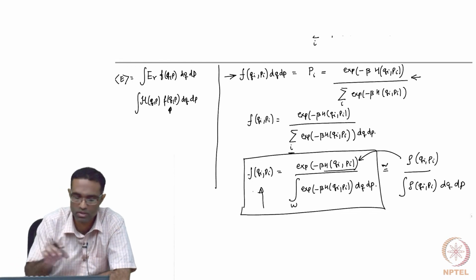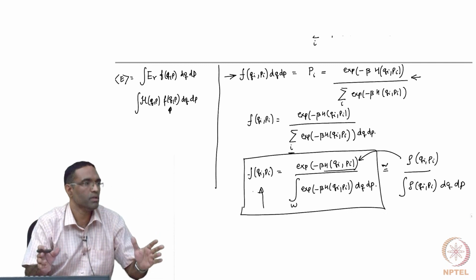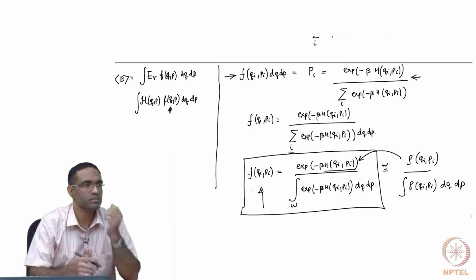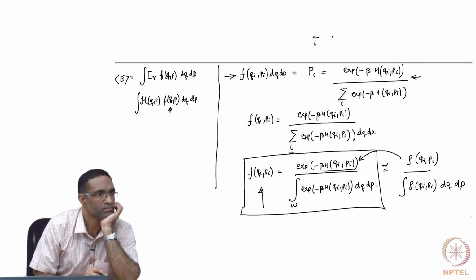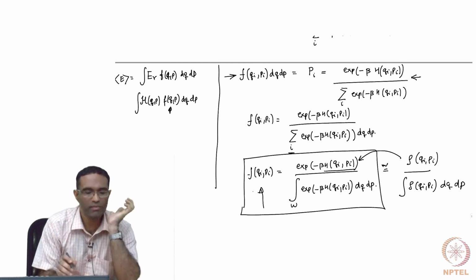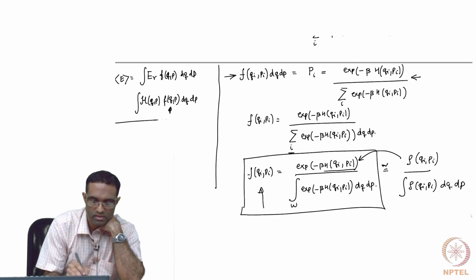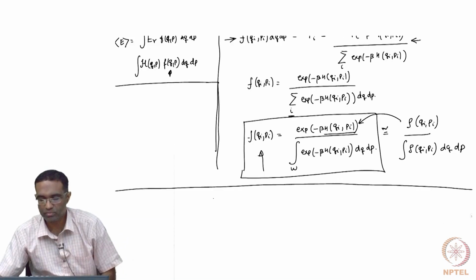So you have to substitute this here and perform this integration to find the average energy of the system, which is what the system's energy will be at equilibrium, right? But we are not going to do these calculations, okay? It's enough if you know that this is how it appears.